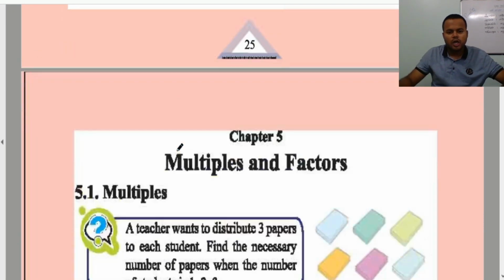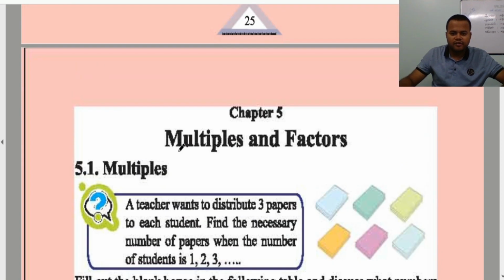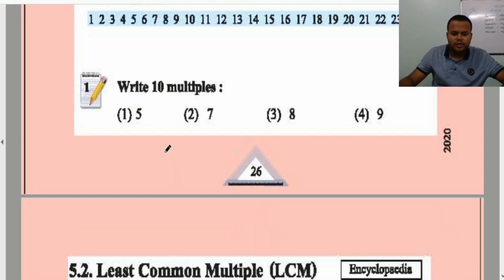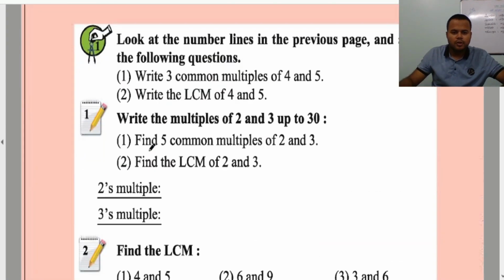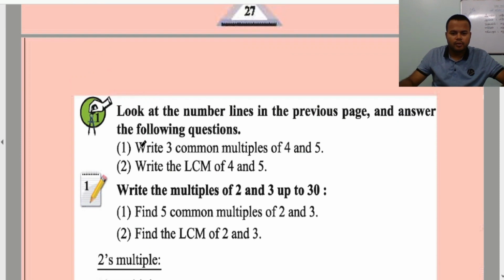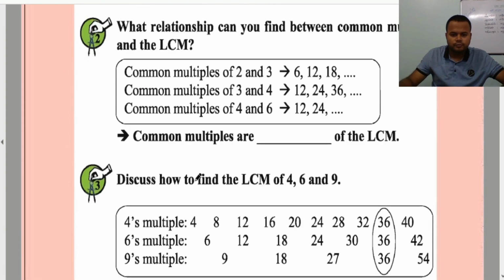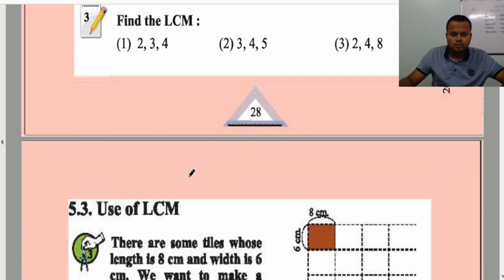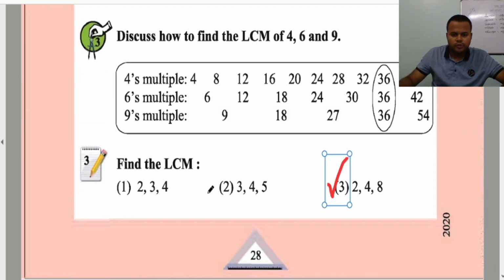Okay, now go to chapter 5, multiples and factors. This chapter is one of the most important chapters for you. Here for short question.